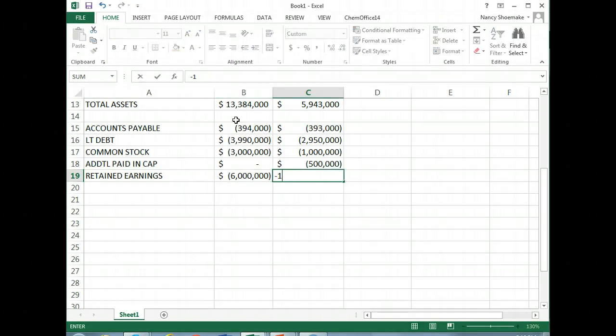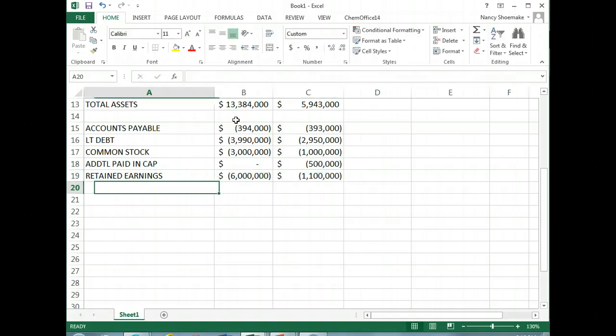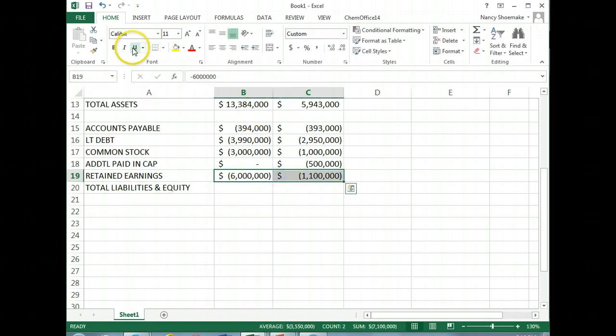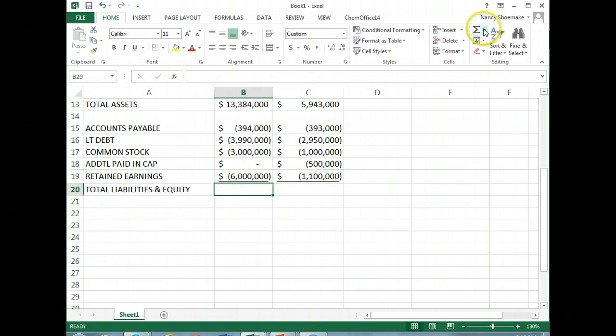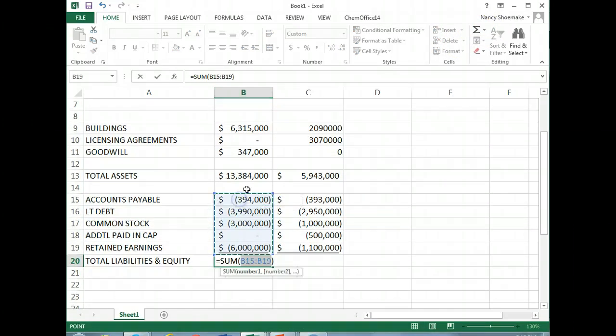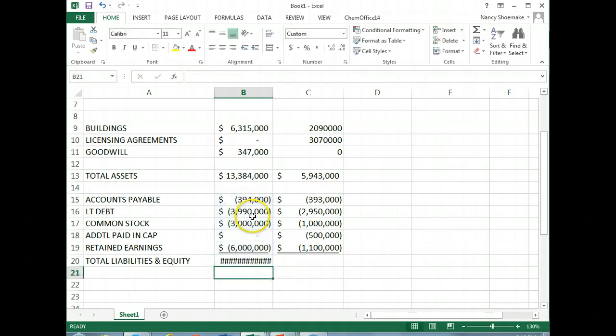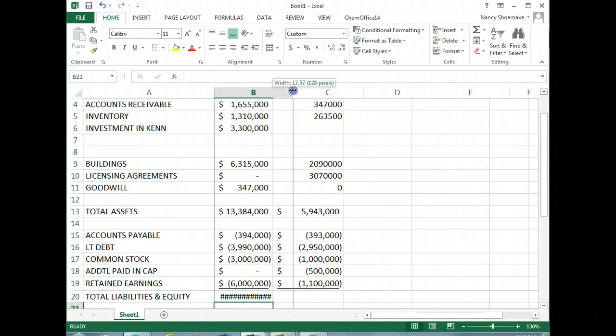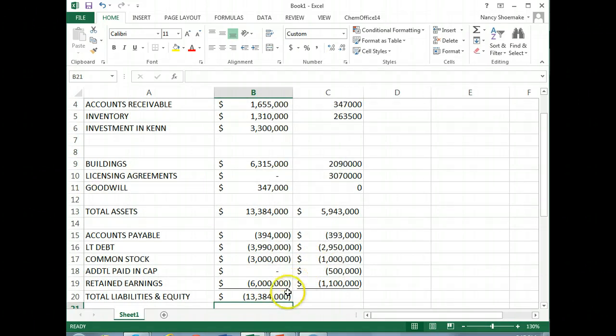This is minus 1,100,000. And then total liabilities and equity is... okay? Are we good there?